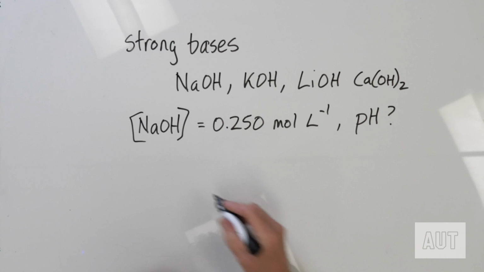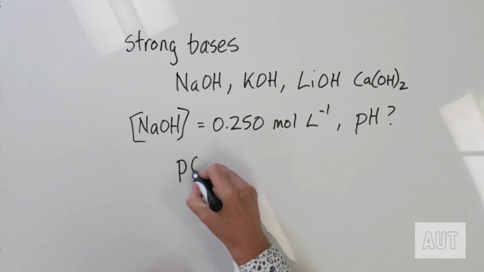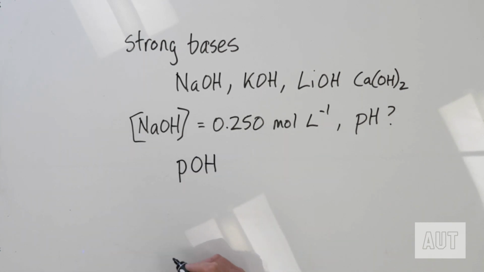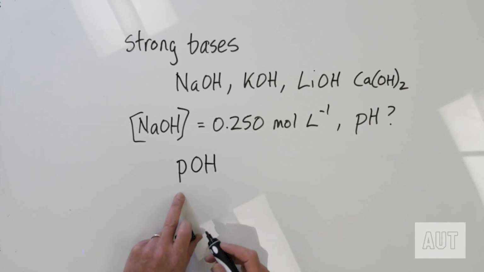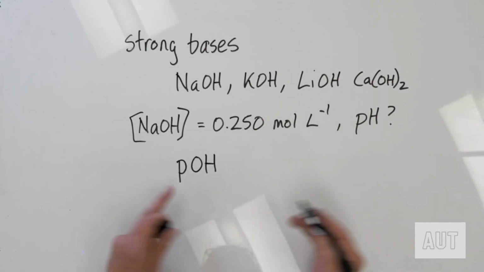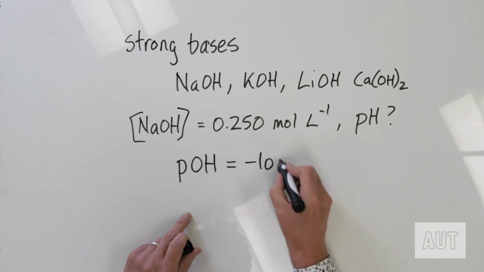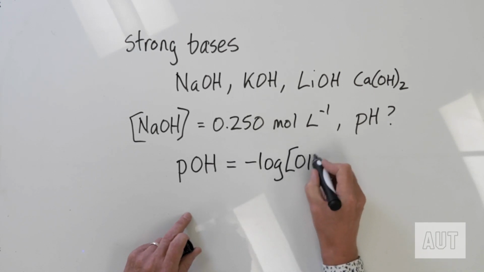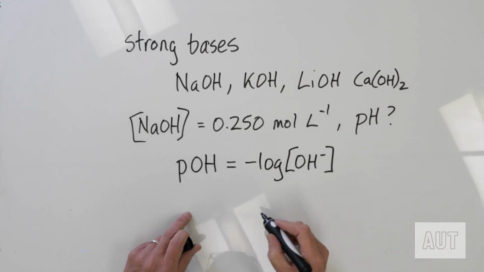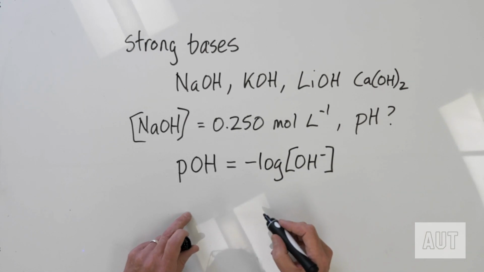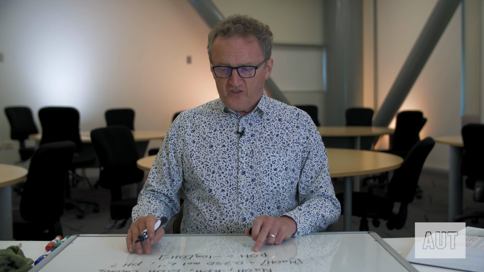And so we are going to introduce this thing called pOH. P just means take the negative log of. So pOH is equal to the negative log of the OH- concentration. Okay? We can quite easily get a pOH of this solution. We're putting sodium hydroxide into water.